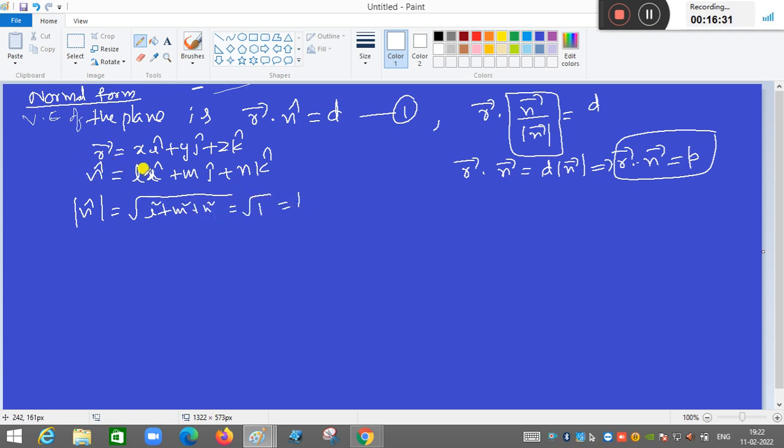Unit vector components are direction cosines. So n cap we can write like this, but here n bar we can write a i cap, b j cap, c k cap. Like this we can take n bar.